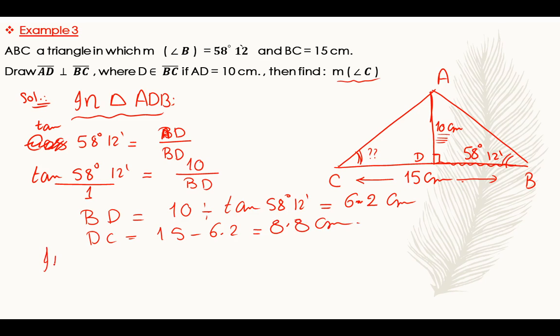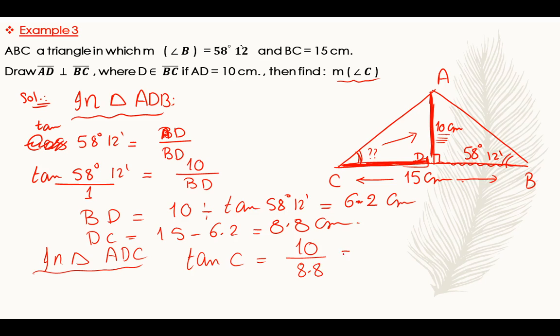So now in triangle ADC, we have the length of AD, which is equal to 10, and we have the length of DC, which is equal to 8.8. For the angle C, AD is the opposite and DC is the adjacent. So tan C will be equal to the opposite, 10, over the adjacent, 8.8.